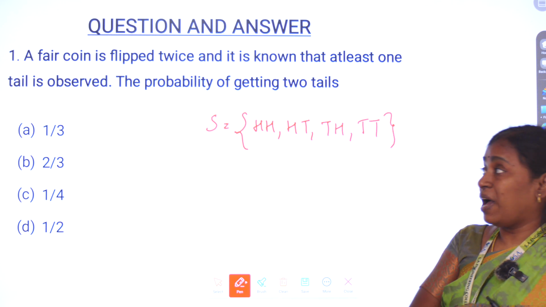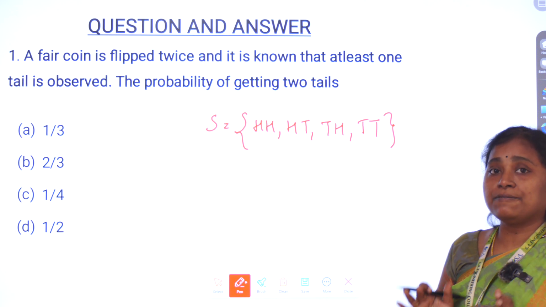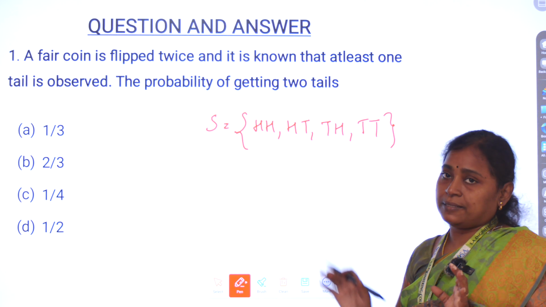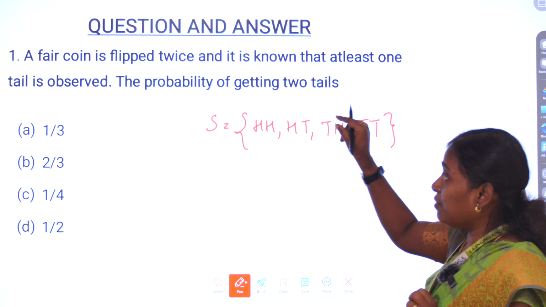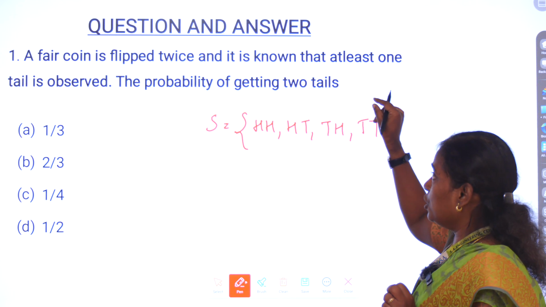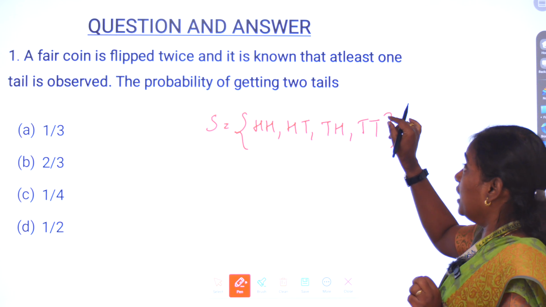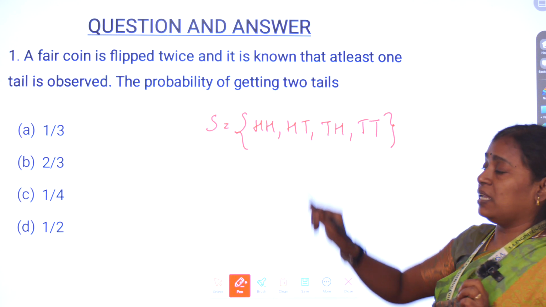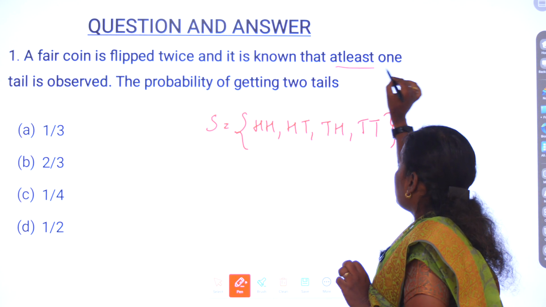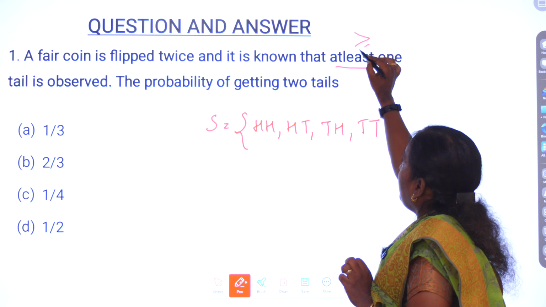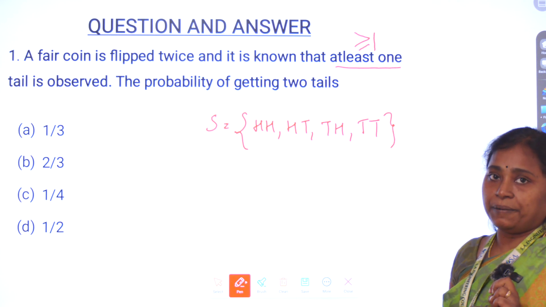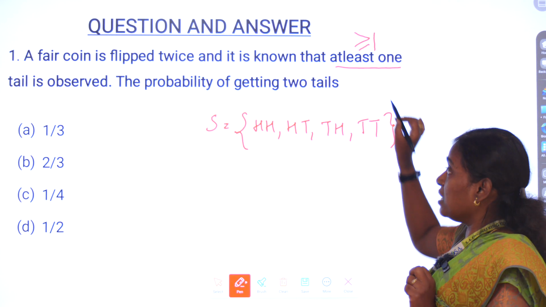Suppose you have a sentence, a fair coin is flipped twice, but in the question, in addition to that, one condition is given. It is known that at least one tail is observed. So at least one. What is meant by at least one? Greater than or equal to 1. So they have given a condition.